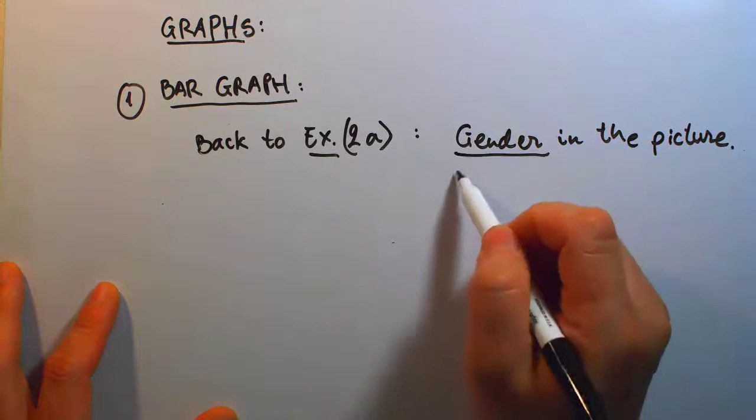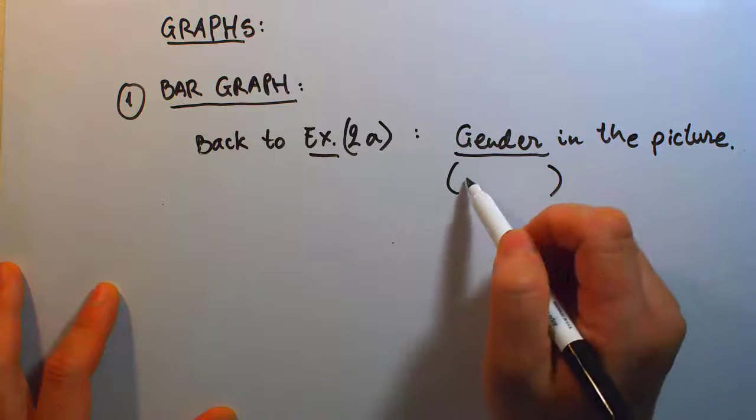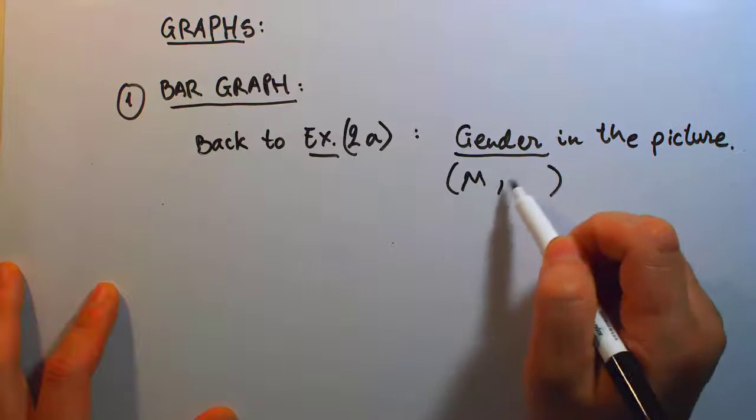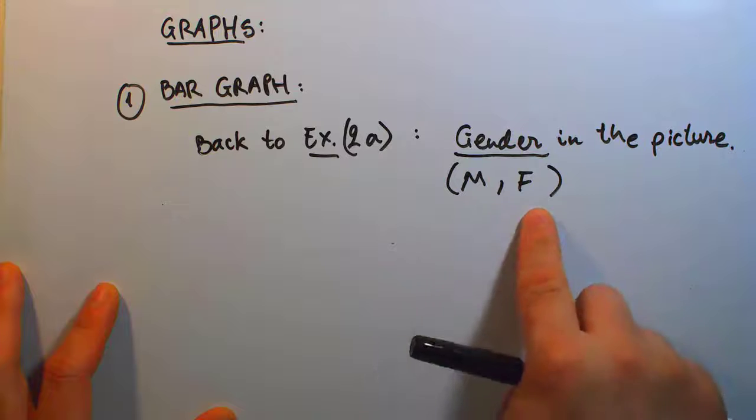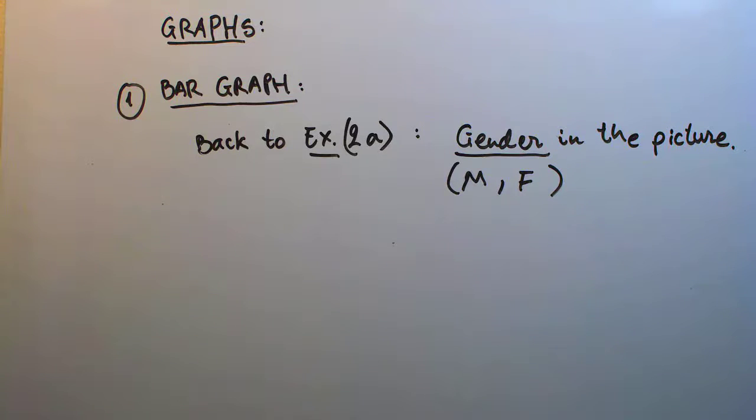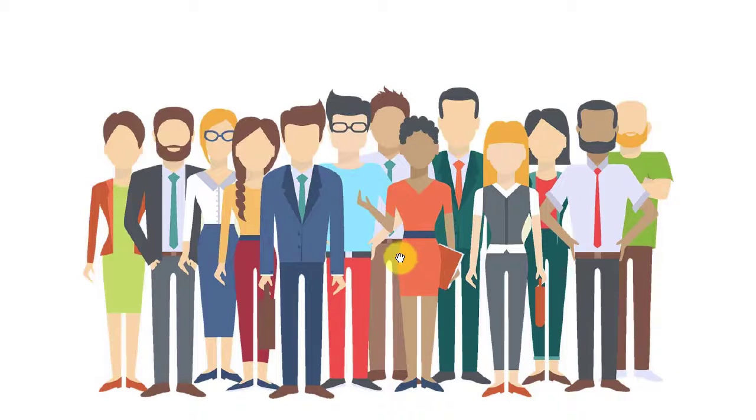And so gender, of course, I was only regarding the two naturally born biological genders, male or female, the only two values. And once again, let's have a look at the picture on the computer screen.